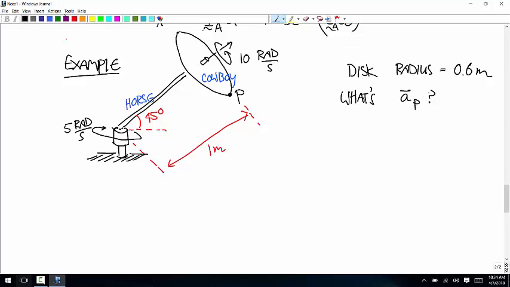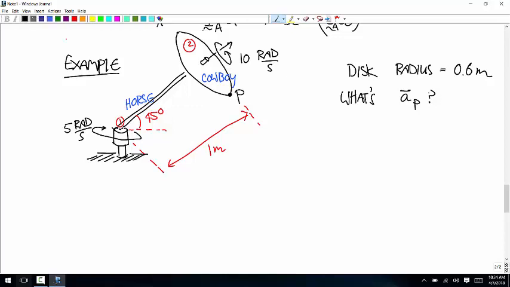Now we have to choose. I'm going to call this body 1 and this body 2. So we know that the coordinate system is going to rotate with body 1.